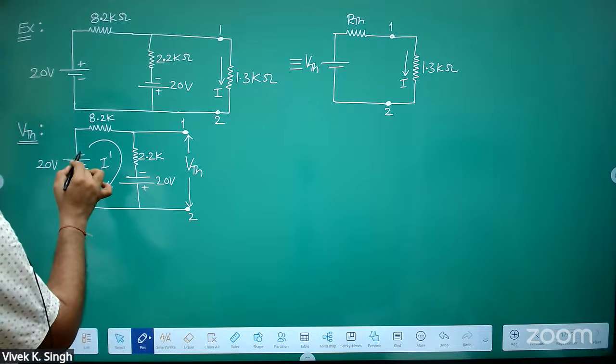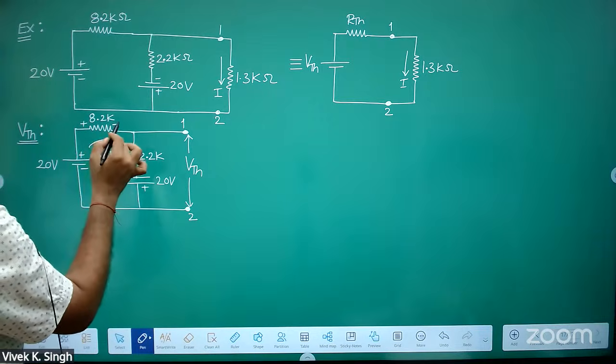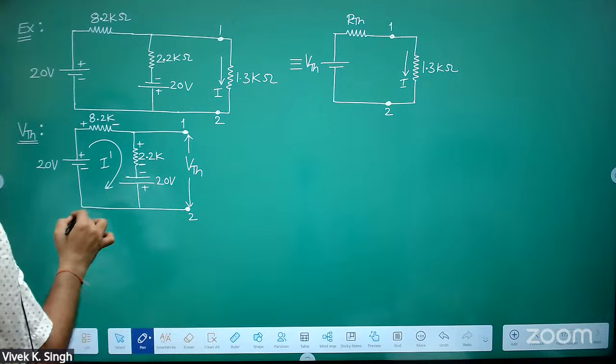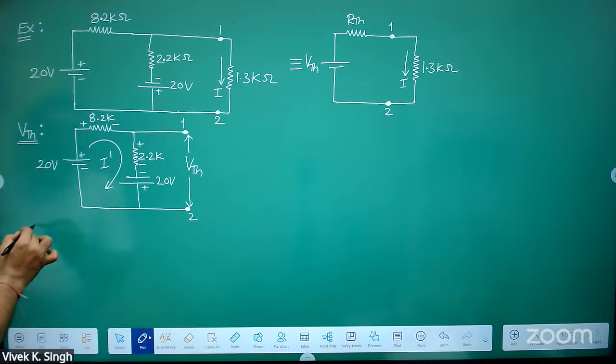This is minus plus, plus minus, this is the polarity. If you apply KVL, what will you get?